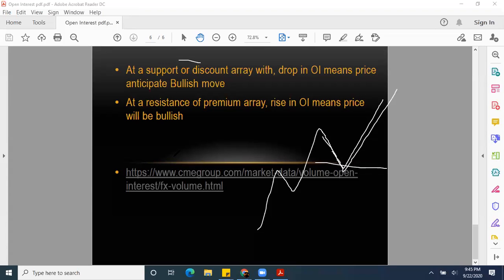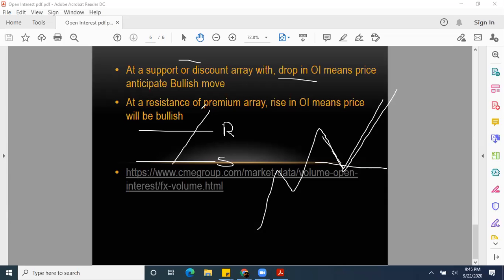I believe we still remember our support and resistance. The support is usually down, the resistance is usually up. If price is at a support and you notice a drop in open interest, you should anticipate a rally.